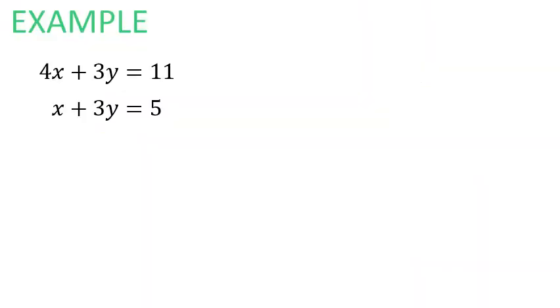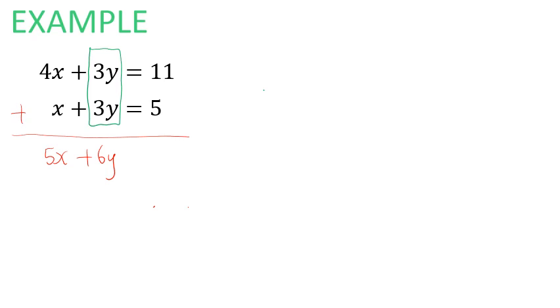Last one. All right, find my matching variables. These two are matching. Then I need to decide if I'm going to add or subtract. We'll try adding 4x and x, 5x, 3y plus 3y, 6y.